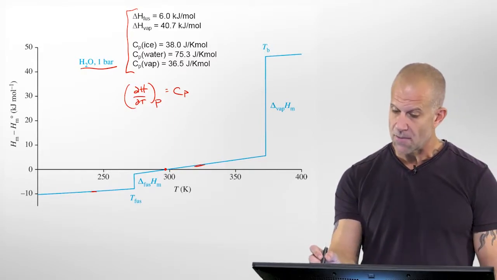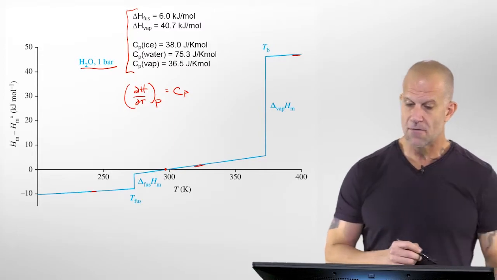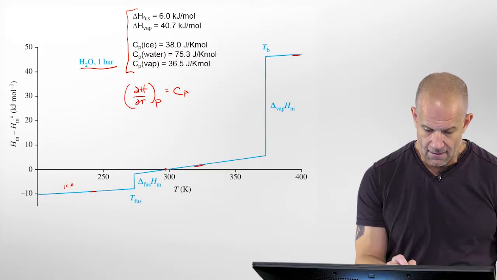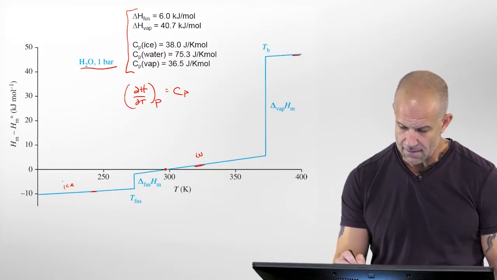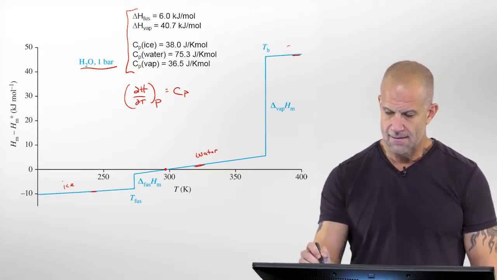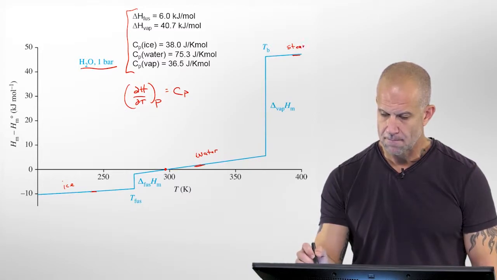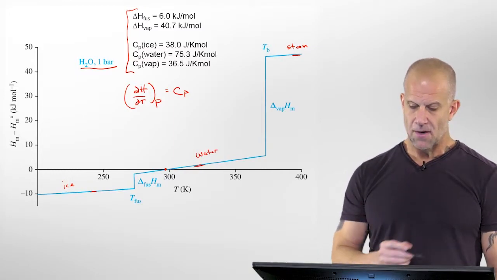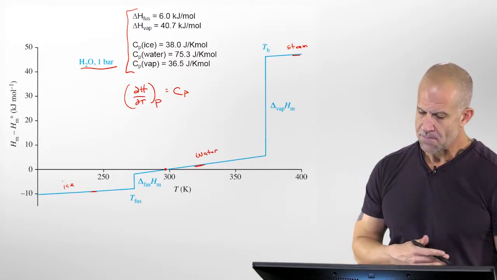And then it goes back to about the same for steam, right? So this is ice, this is water, and this is steam. And you're absorbing heat on each of these processes to get from one to the other.